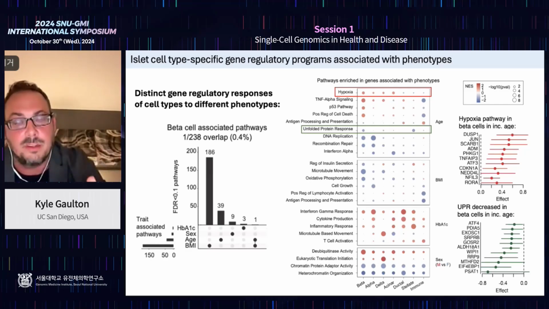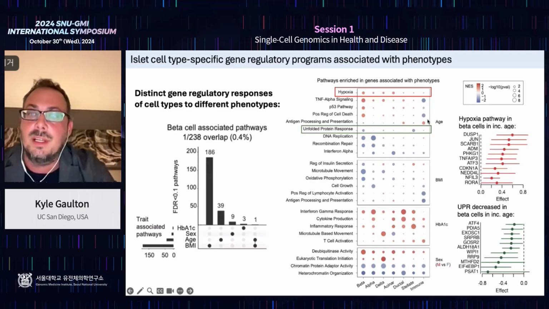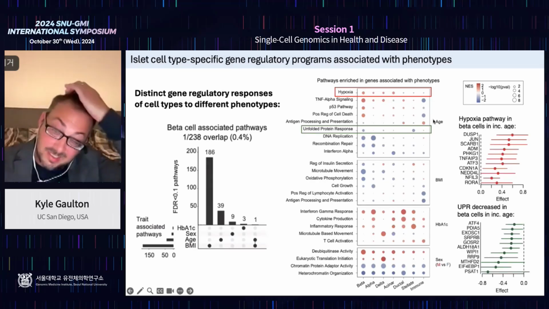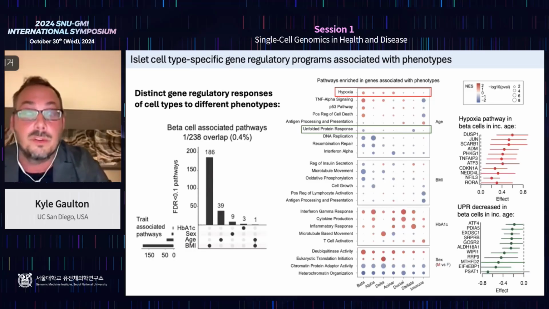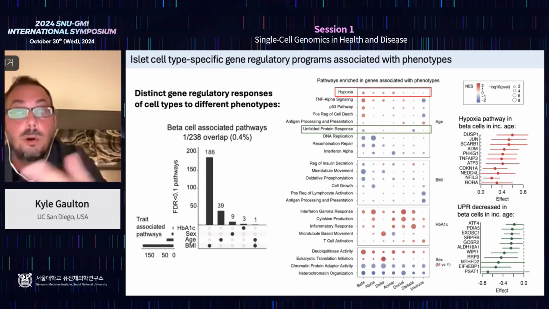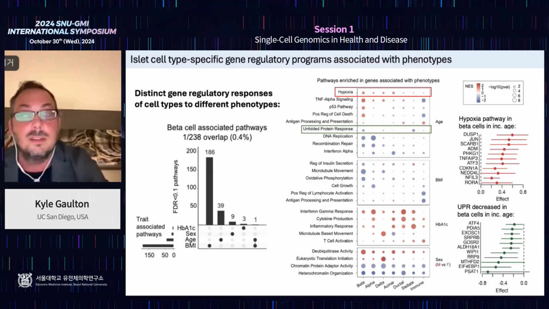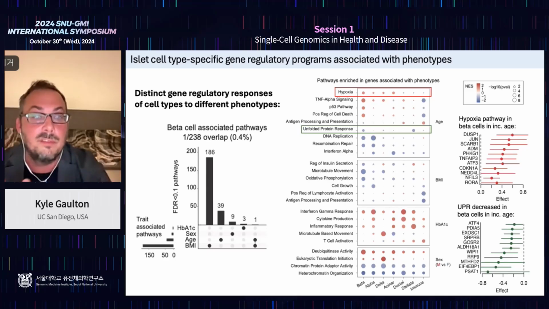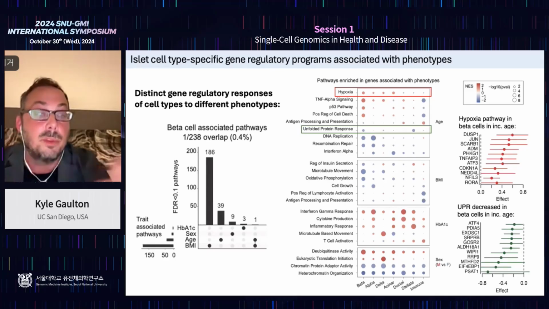And so downregulation of that process is maybe also contributing to dysfunction of beta cells. Even though these aren't disease states, age and BMI and these other factors are risk factors for the development, particularly of type 2 diabetes. And so understanding normal variability in these programs across these phenotypes can give us some insight, not only into how cells can vary across these different dimensions, but also how this may contribute to disease in older individuals or heavier individuals.